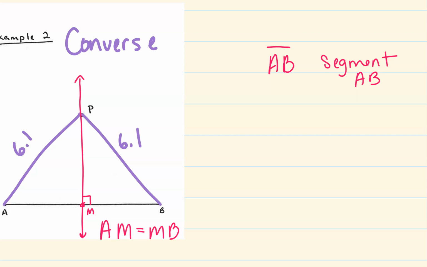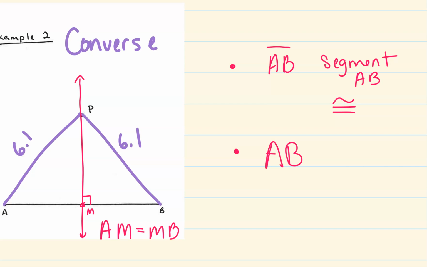So you can say segment AB is congruent to another segment. So we use the segment one when we're talking about anything being congruent. We're using it anytime we're talking about the segment itself. So we also used it when we said AB was perpendicular to something. We were talking about the segment as a shape.